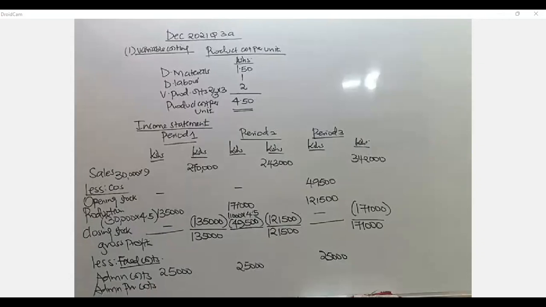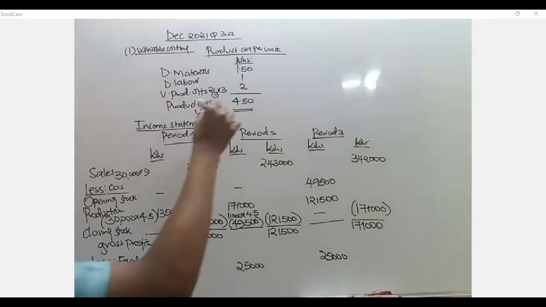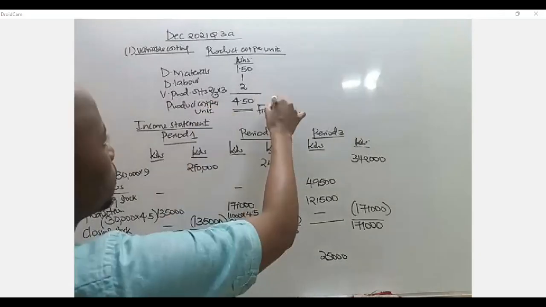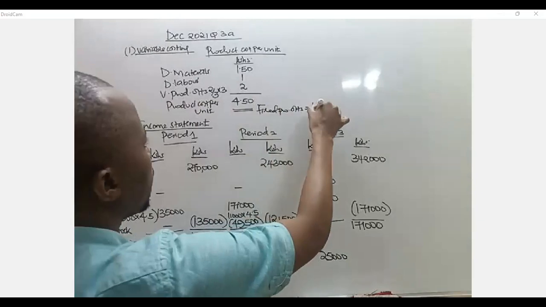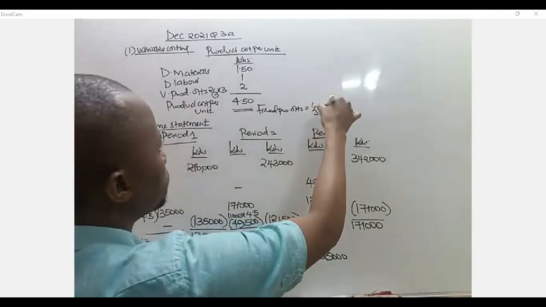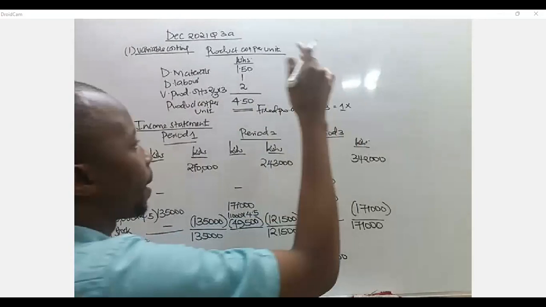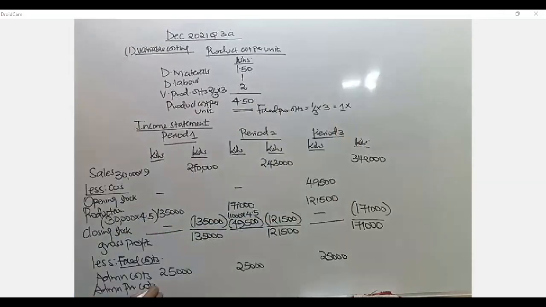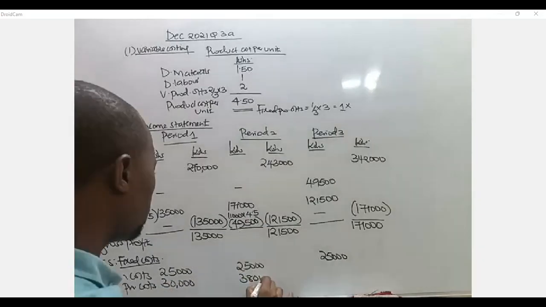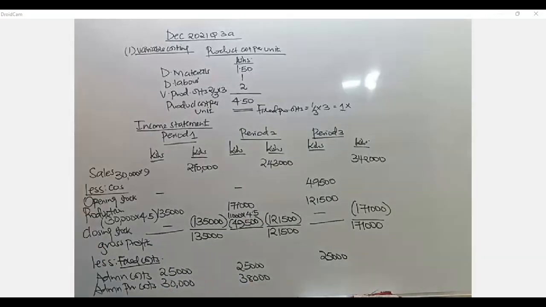So if I take the units or kgs which we produced, we multiply by 1 shilling, because we have said the fixed production overhead should be a third of 3, getting 1. Then you multiply by the production units there. The first one will be 30,000, the second one will be 38,000, then the last one will be 27,000.